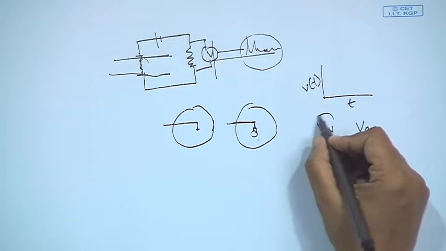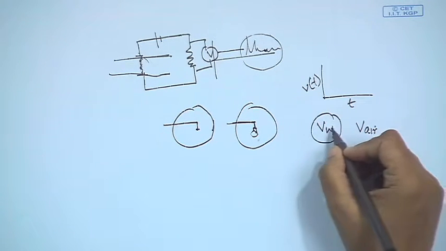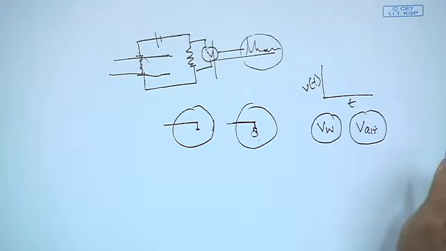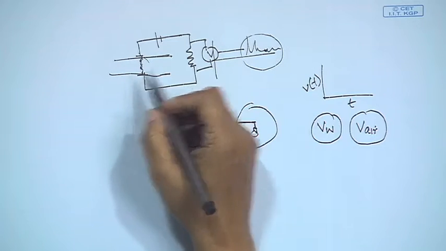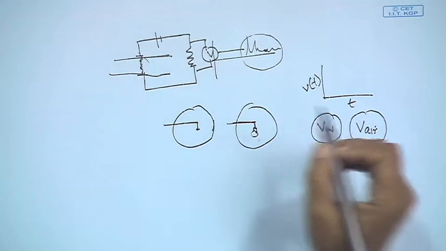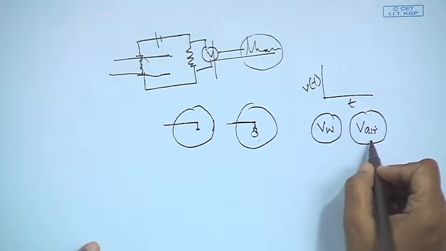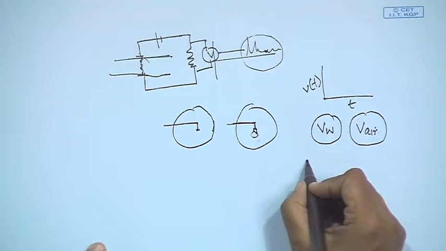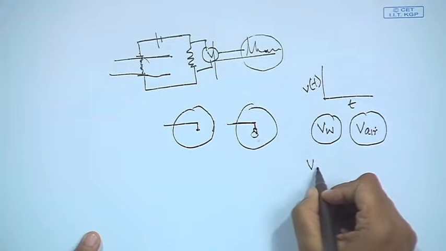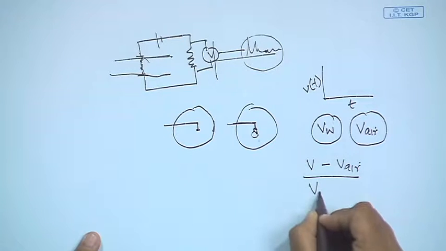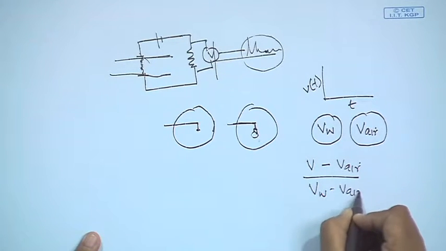So, therefore, we know the two extremes, when the circuit was closed and when the circuit is completely open. Now, when we record the voltage signal during air-water flow, it is going to lie between the two. So this particular signal is normalized as V minus V_air by V_W minus V_air.